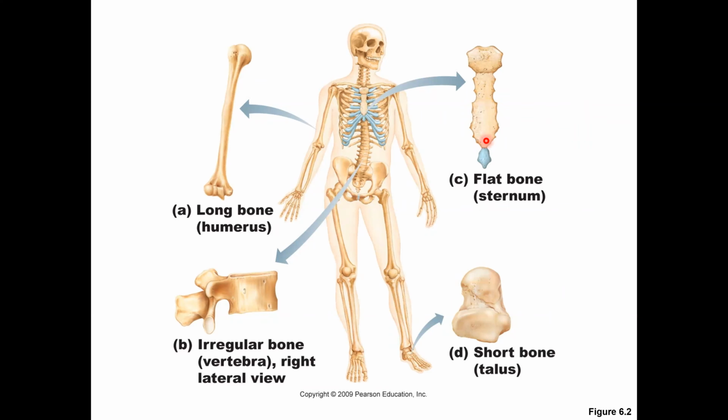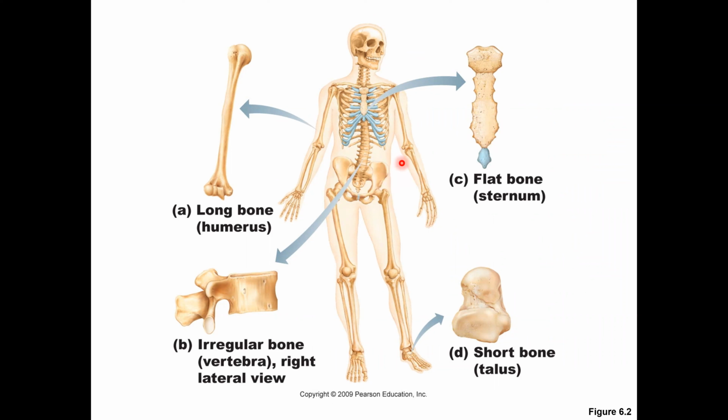So here's a flat bone, an example is sternum, and many bones of the skull are also flat. Irregular bones, example I'm giving to you is vertebra, and some bones in the skull, let's say sphenoid bone, ethmoid bone, those are also irregular. And by the way, the hip bones are considered to be flat bones.